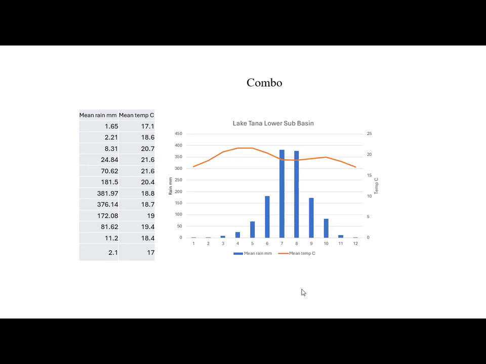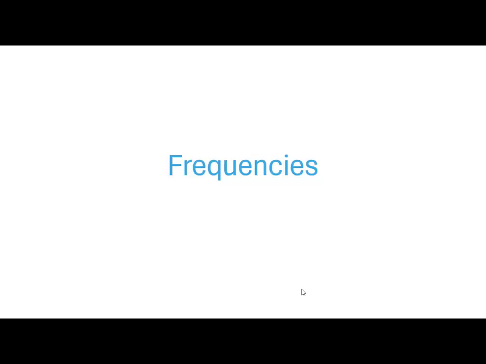Again, I used column and line chart, and then I used a secondary axis to differentiate between the rain in millimeters and the temperature in degrees centigrade, especially when the values are many orders of magnitude apart.